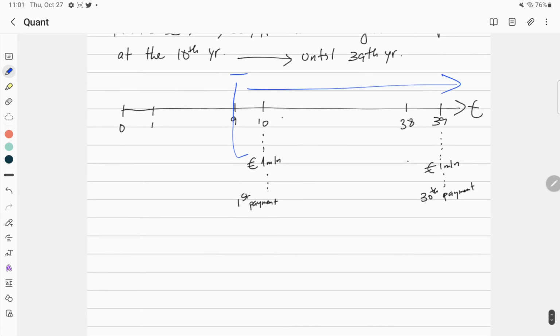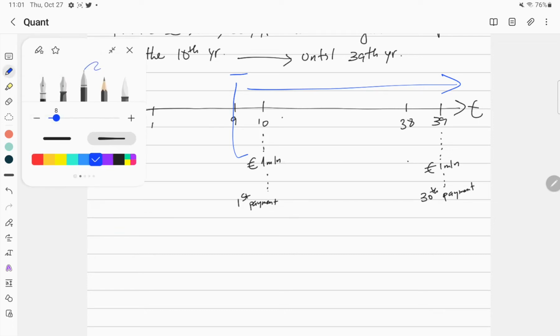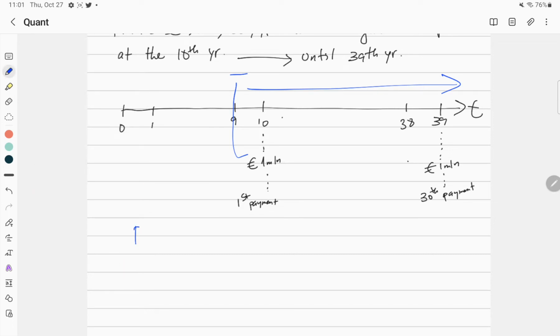So the formula we have to calculate the present value of an ordinary annuity is the annuity amount times 1 minus 1 over 1 plus r raised to n, divided by r.